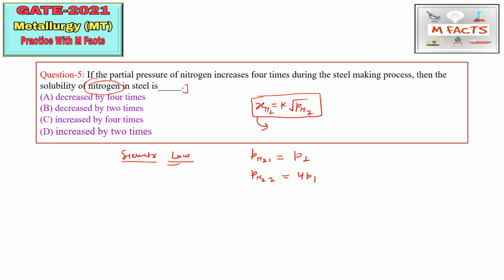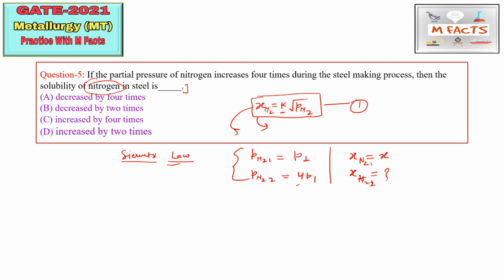So we are increasing the partial pressure 4 times. They are asking what the solubility of nitrogen in steel will be, so X1 is equal to X, and X2 is what they are asking. So you can consider X_N2 1, X_N2 2, and find two equations, and we will take the ratio of those equations, because K is constant, so that K will get cancelled.